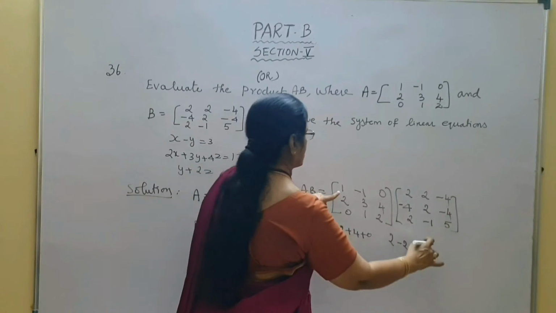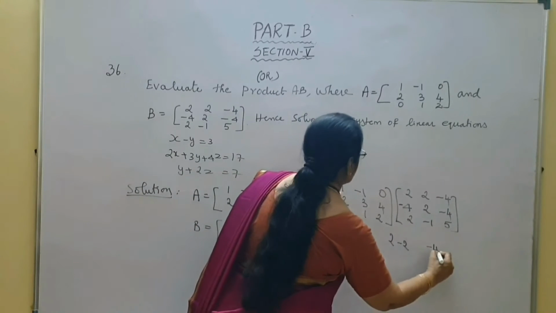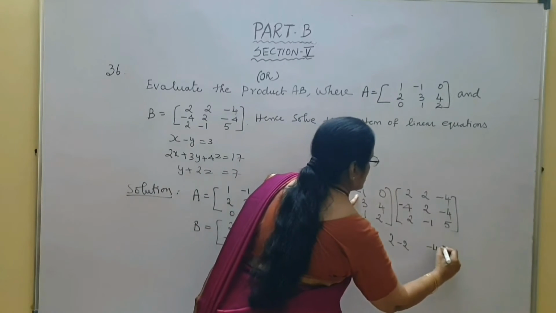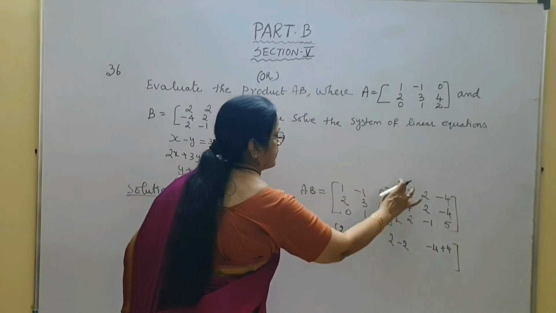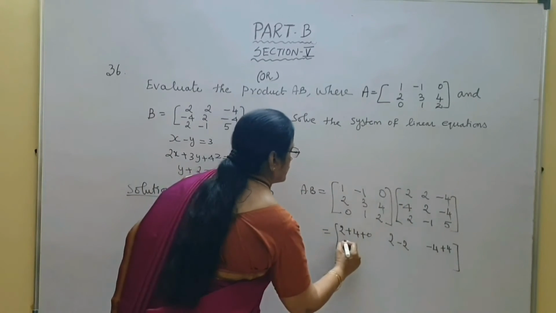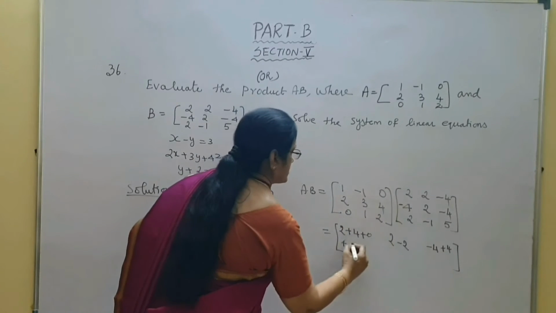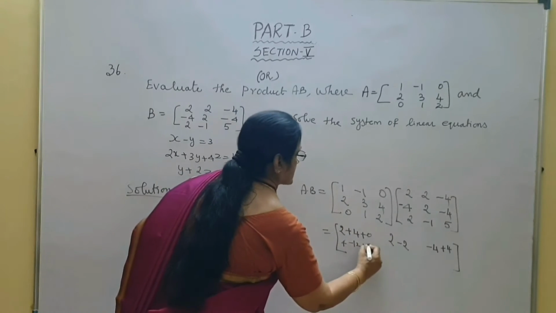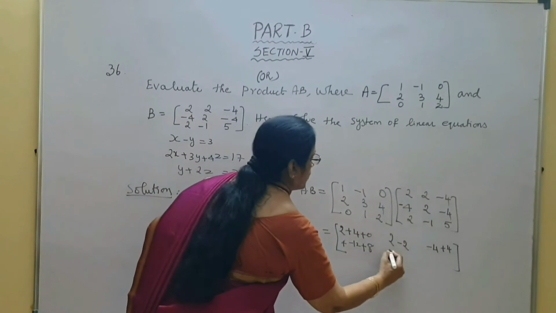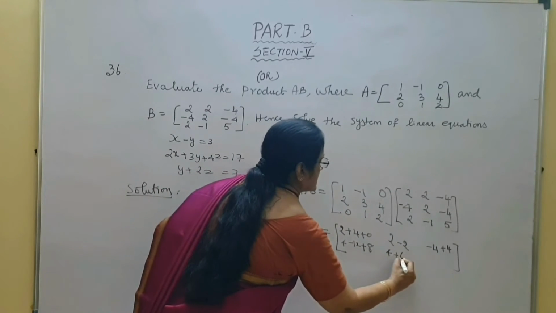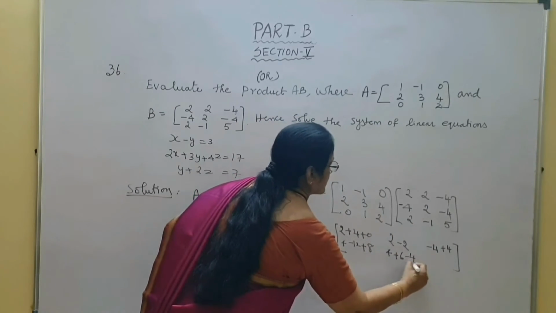Then first row and third column, minus 4 plus 4, again 0. Now second row and first column, it will be 4 minus 12 plus 8. Now second row, second column, 4 plus 6 minus 4.